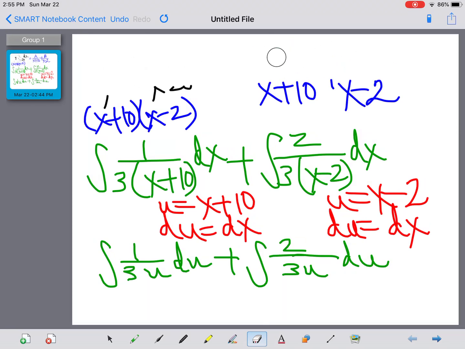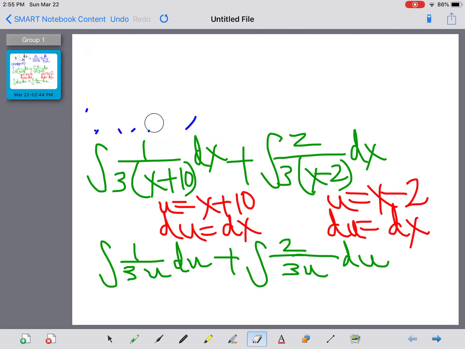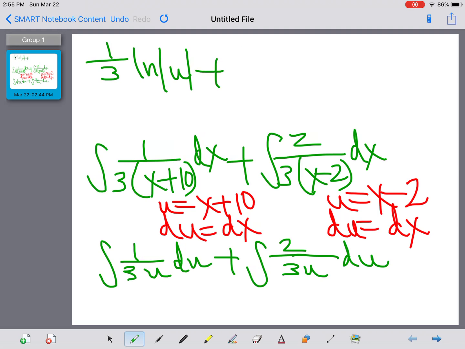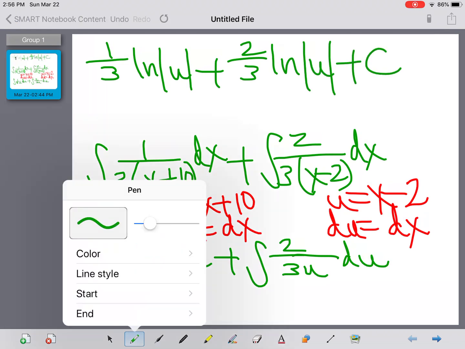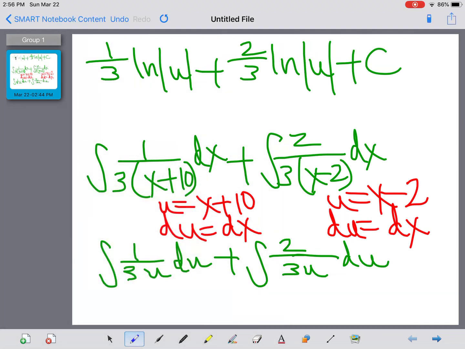Now, the integral for each fraction is the same. The first one, 1 over u du, the integral of that is natural log. So we have 1/3 natural log absolute value of u plus 2/3 natural log absolute value of u plus C. And the last step is to back substitute what each u was.